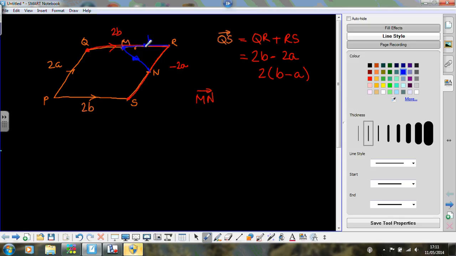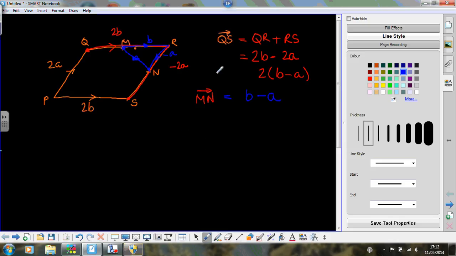So from here to here, MR is equal to b because it's half QR. And we also know that R to N is half of RS, so that's just going to be negative a. So we could say that b minus a is equal to MN.